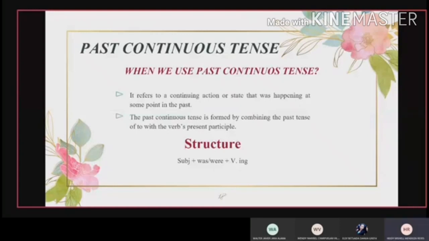Past continuous describes an action or event situated in the time prior to the present, whose beginning is situated in the past and which has not yet concluded at the moment of speaking. In other words, it expresses an incomplete or unfinished action from the past. In structure, subject plus was or were plus verb plus ing.